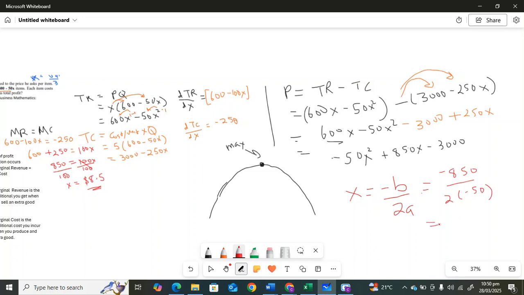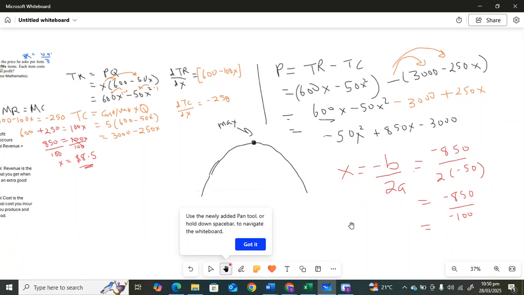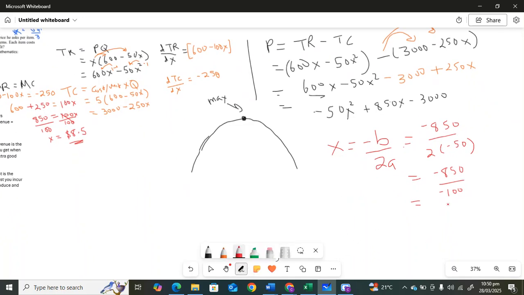So you say negative 850 over 2 times negative 50, that's negative 100. Negative 850 divided by negative 100, you get 8.5. So you say x equals 8.5, meaning this person should charge $8.5 for his good.